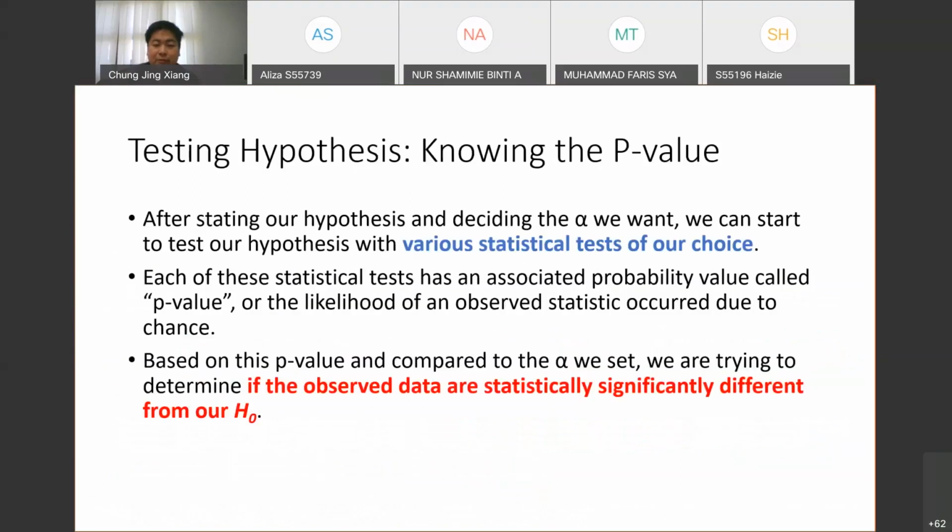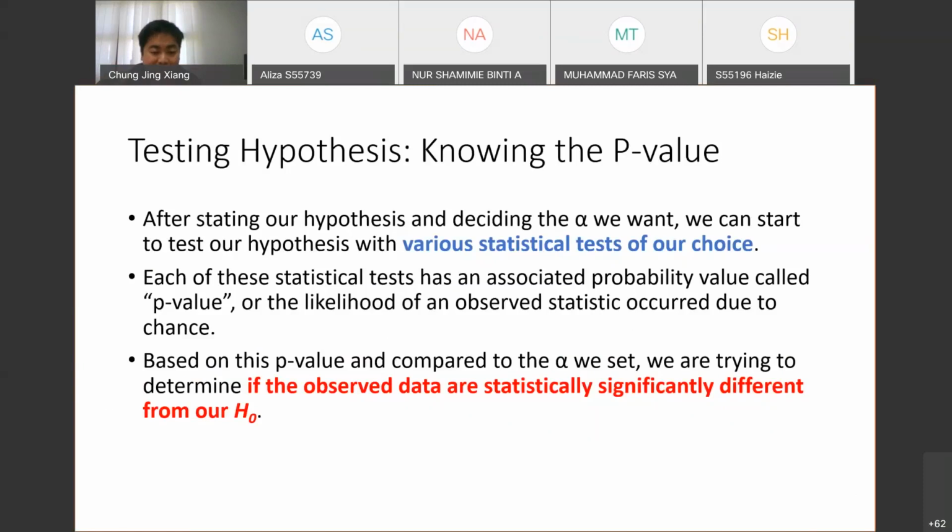All right, so after we set our hypothesis and our alpha, now we are going to test our hypothesis. So we are going to conduct statistical tests. Before conducting statistical tests, you will come across something known as the p-value.